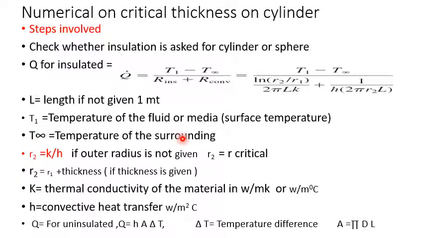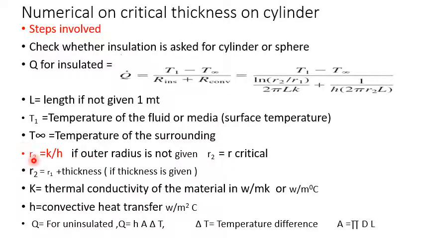T2 is the temperature of the surrounding. So here T2 is T infinity, the ambient condition temperature. That can also be taken into account. Here R2 is the radius after insulation.